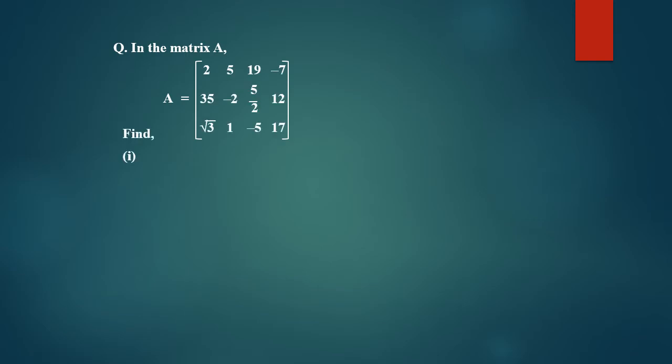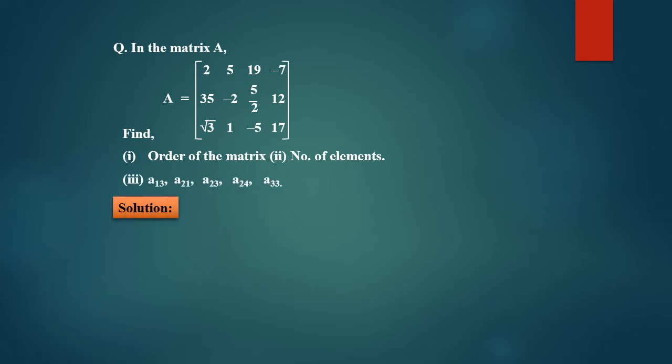So the first question: in a matrix A equal to [2, 5, 19, -7; 35, -2, 5/2, 12; √3, 1, -5, 17], we need to calculate the order of the matrix, then the number of elements, and third, we need to calculate the indicated elements a13, a21, a23, a24 and a33.